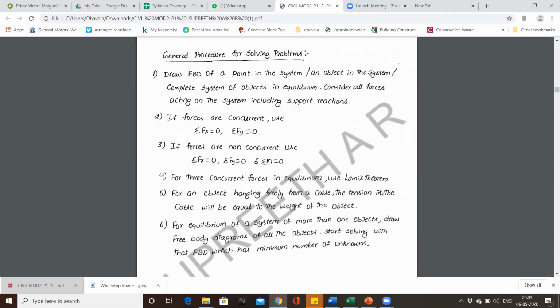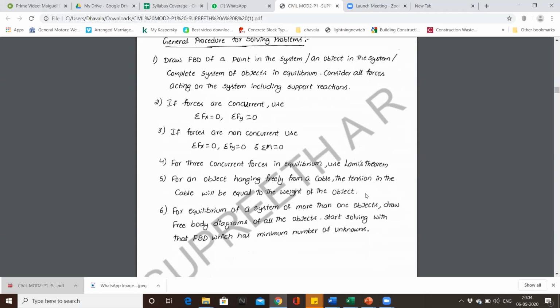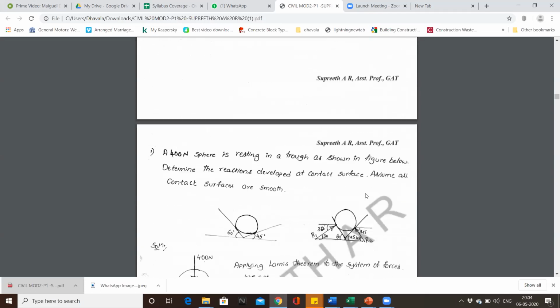If we have more than 3 forces acting at a point, then we have to draw free body diagrams for all the components and then start solving with the free body which has the minimum number of unknowns. Also, for an object hanging freely from a cable, the tension in the cable will be equal to the weight of the object. Now let us see how to solve a problem.